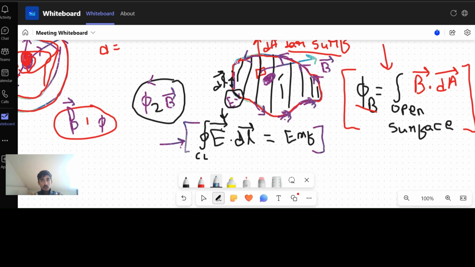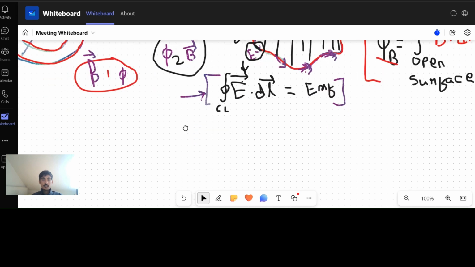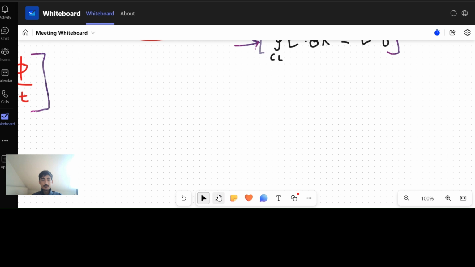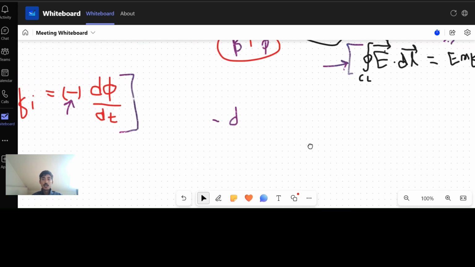Now the actual Faraday law of electromagnetic induction comes this way. The actual law of Faraday is minus d phi dt. So what is phi?